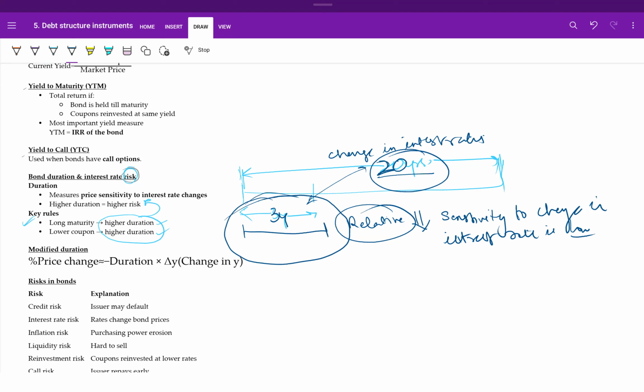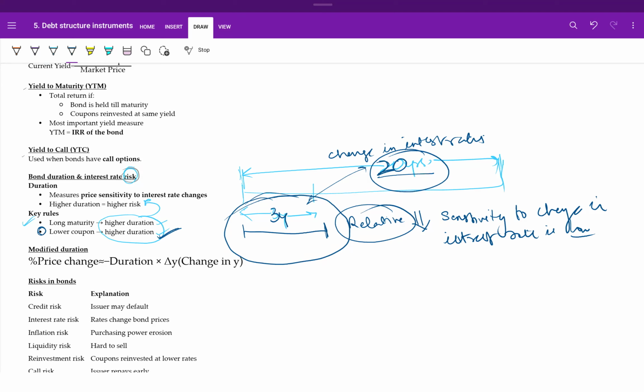So a smaller maturity means the risk of change in interest rate is low relative to that bond which has a high duration, longer maturity. When the coupon rate is lower, this also represents higher duration, and we will discuss this in detail in the next sessions.